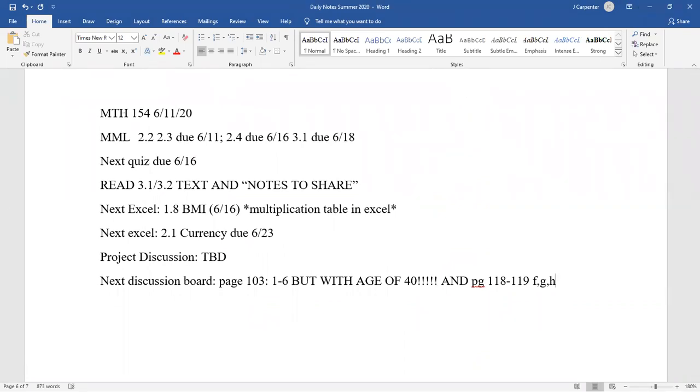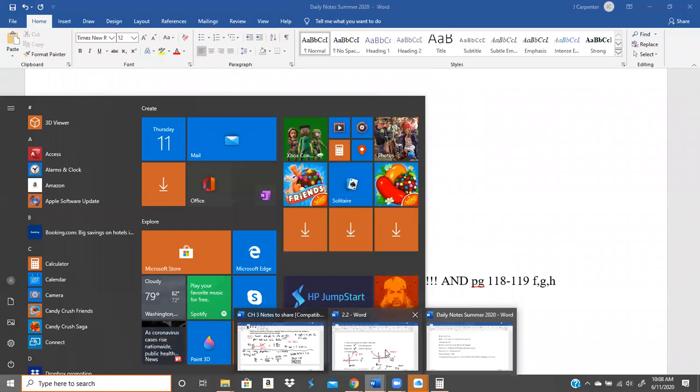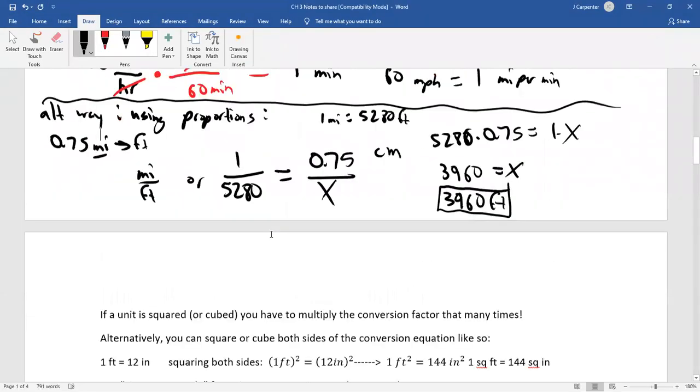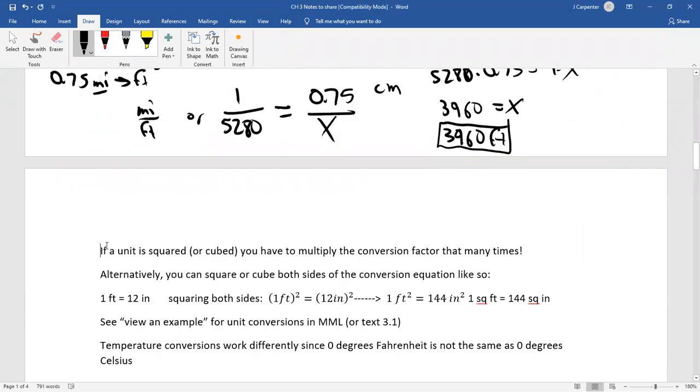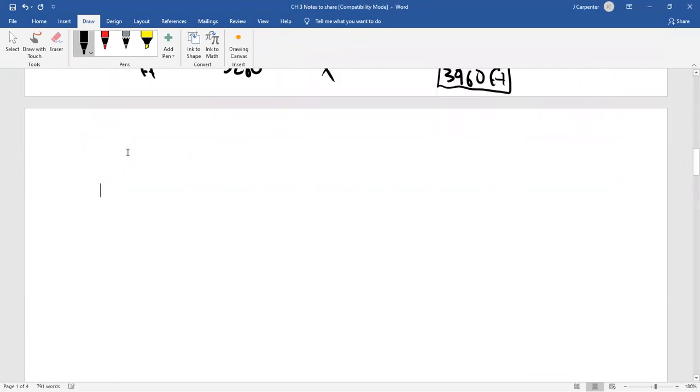All right. Before we get to the next little section of this, the units is squared, blah, blah, blah. Let's do another random example that I like to do. Convert 2 years to minutes.